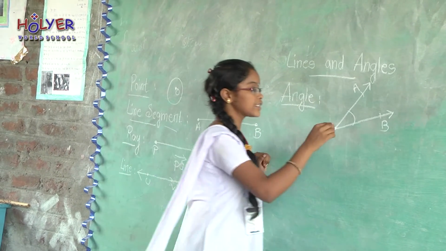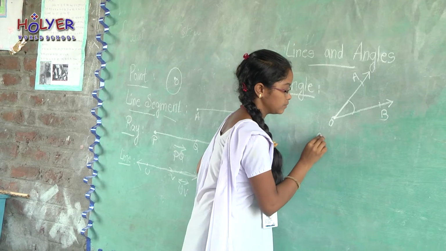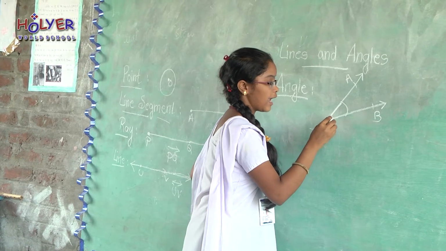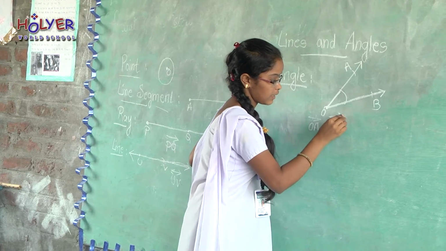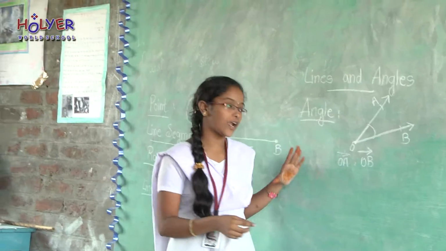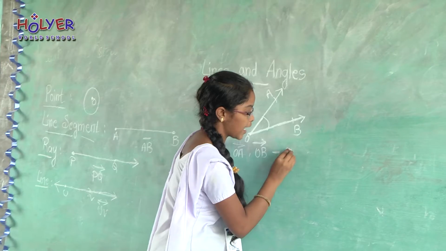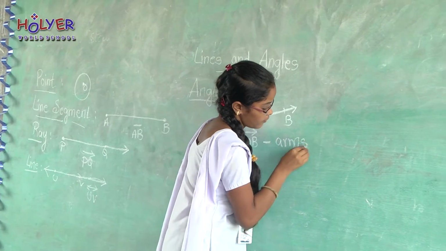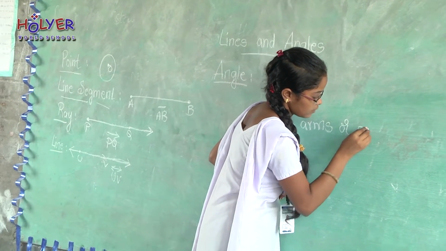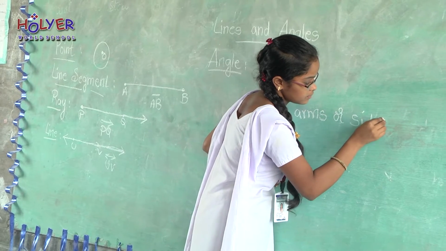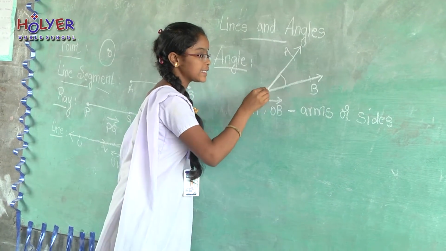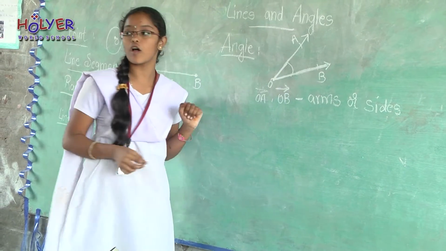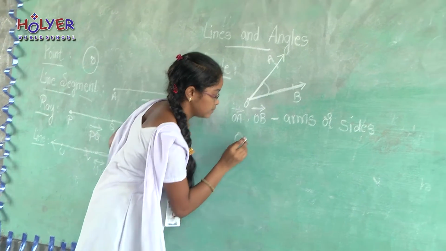There are two rays, ray OA and ray OB. These rays are called arms or sides of the angle. And these two rays meet at the same point. The point is called the vertex of the angle.